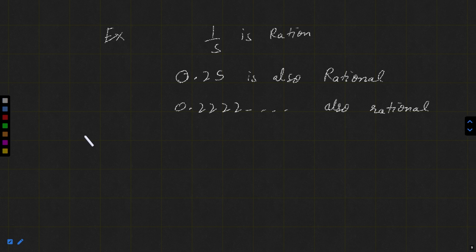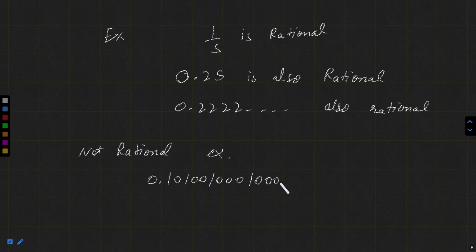And now let's take an example of a number that is not rational. Okay, so a not rational example is 0.10, then 100, then 1000, then 10000.